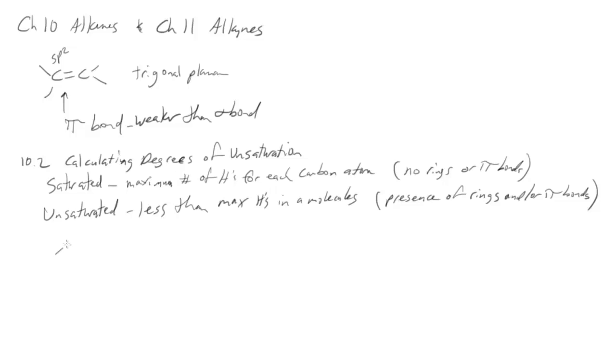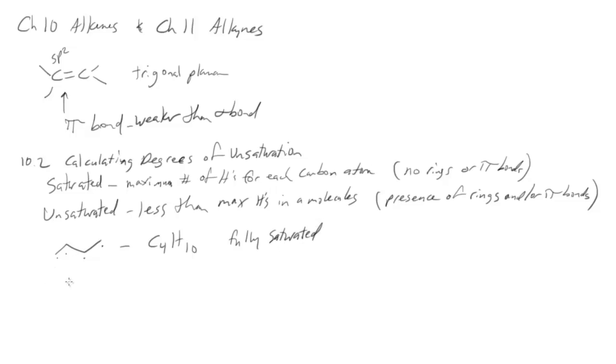So let's take a standard molecule and take a look at it first. If I have butane, I've got 4 carbons, so C4. I've got three hydrogens here, 2, 2, and 3. So 3, 4, 5, 6, 7, 8, 9, 10. C4H10. That molecule is fully saturated.